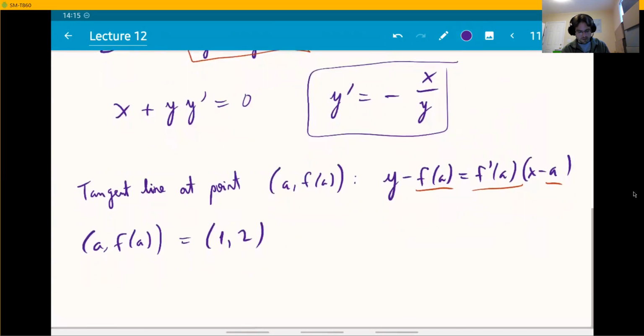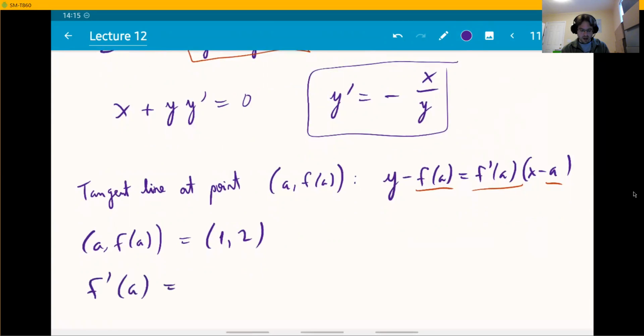But what is f prime of a? Or I guess I never called it really f. The function is y. y is a function of x. And the number a is the x coordinate 1. What is y prime of 1? Well, even though we don't know the formula for y explicitly in terms of x, we just found its derivative up here.